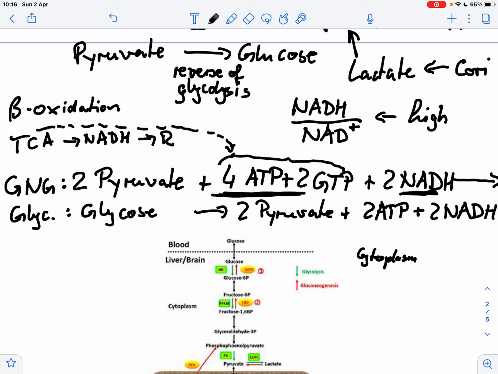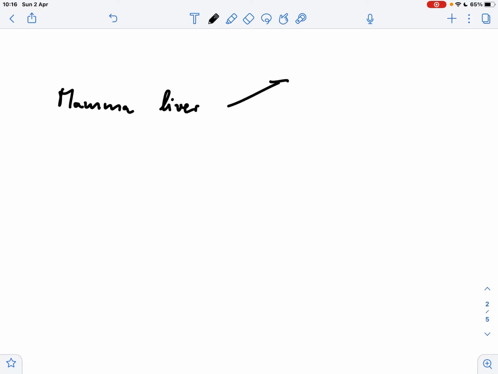It's a little bit like mama liver is producing the food. So let's say mama liver produces food, glucose for the red blood cells, and for all the other members of the family, it produces the ketone bodies.